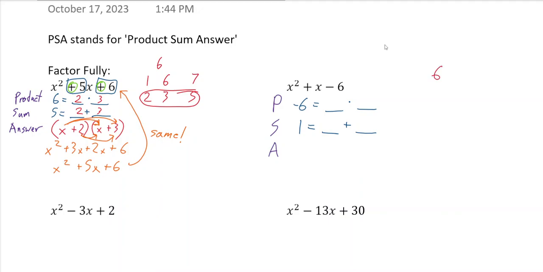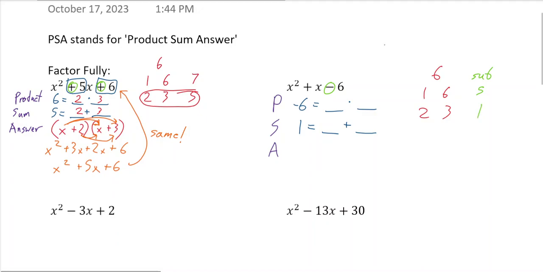Anyways, 6 is going to be 1 and 6, 2 and 3. What you're going to notice here is that we have a negative, which means one of the two numbers is negative, which means we're going to subtract between the two. Because that's a negative up there, we're going to subtract. So it's going to be 5 and 1.